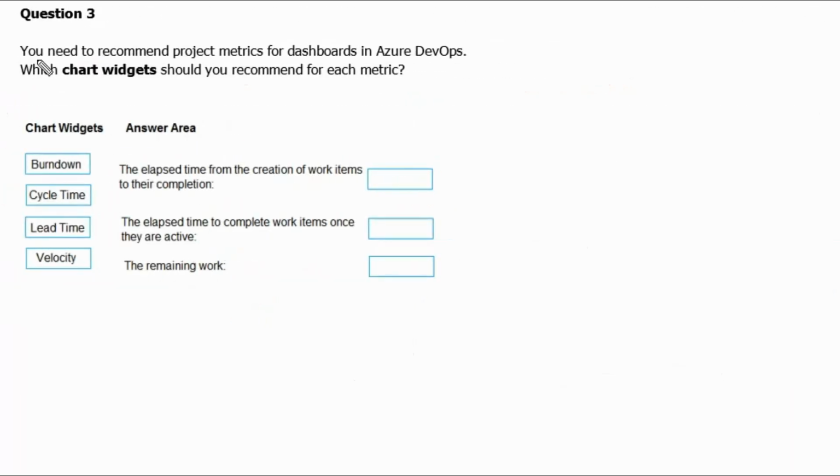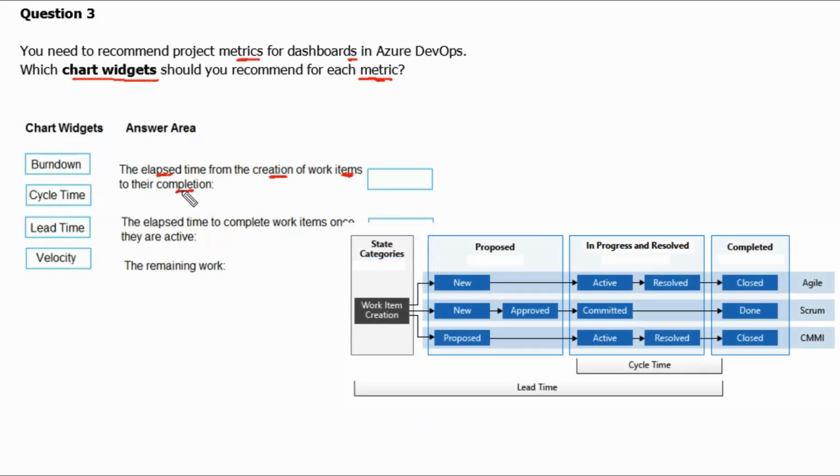Question number 3. You need to recommend project metrics for dashboards in Azure DevOps. Which chart widgets should you recommend for each metric? We are given the burn down chart, cycle time chart, lead time chart, and velocity chart. The first objective is the elapsed time from the creation of work items to their completion.